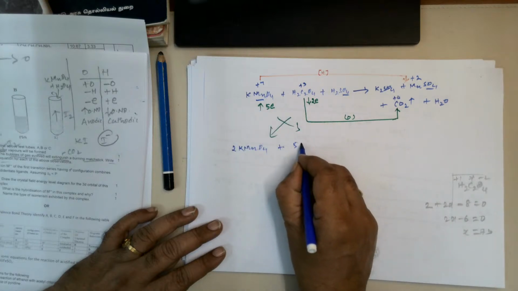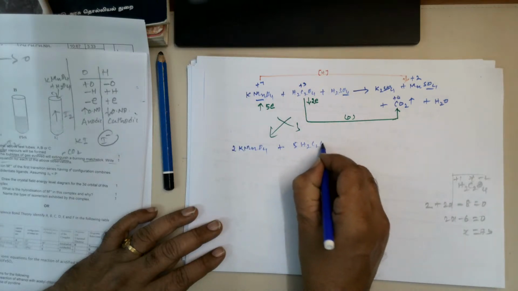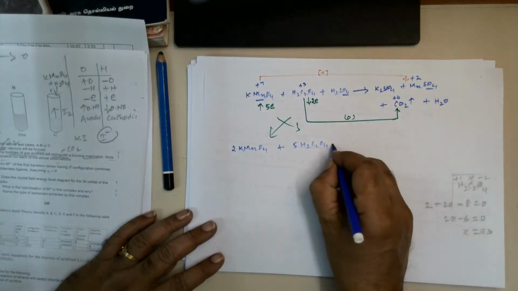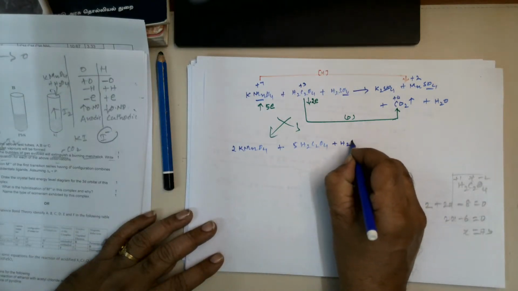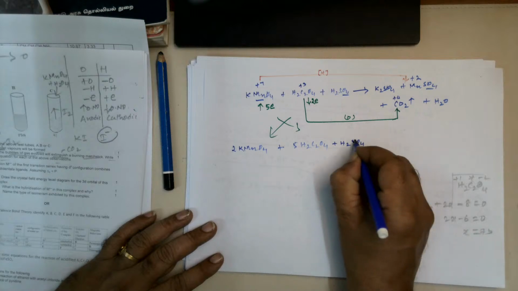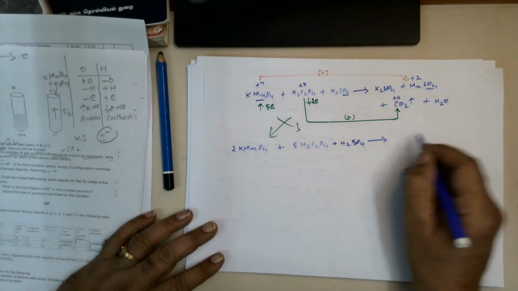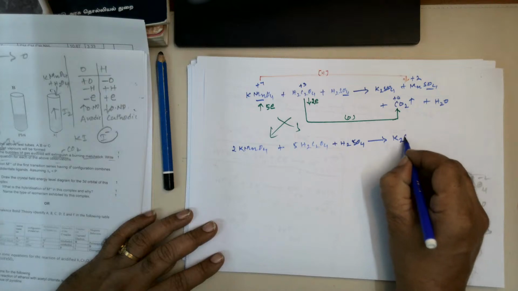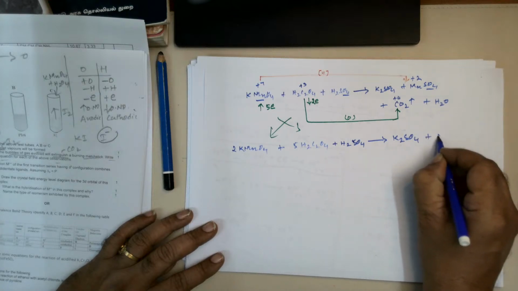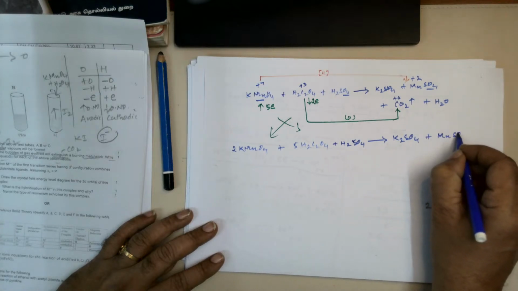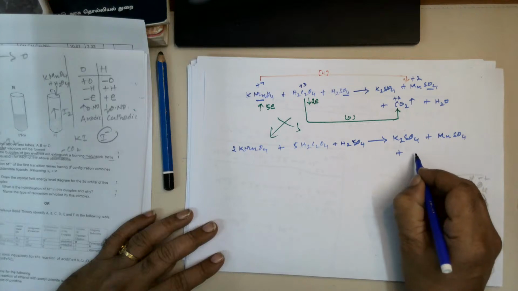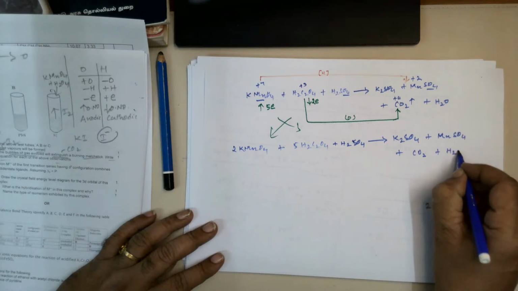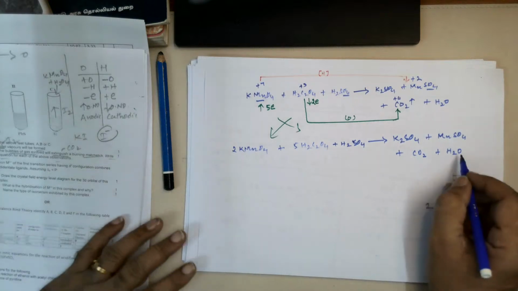So you can put 5 H2C2O4, is it not? 5 H2C2O4 plus H2SO4, right? And then it becomes here K2SO4. You can simply write K2SO4, MnSO4, okay, and then CO2, then H2O.